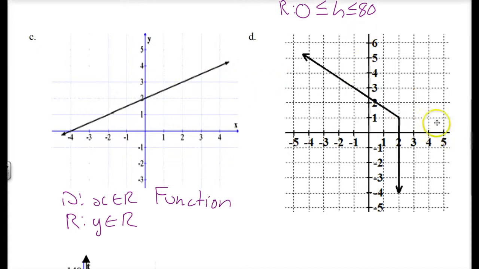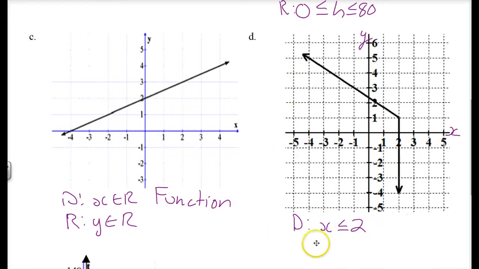If variables aren't given and it's a grid, then we will assume x and y. For the domain, you notice we have any value going this way, but the highest x value is 2, so the domain is x is less than or equal to 2. It can be 2 or any number smaller, since the arrow goes on forever that way.